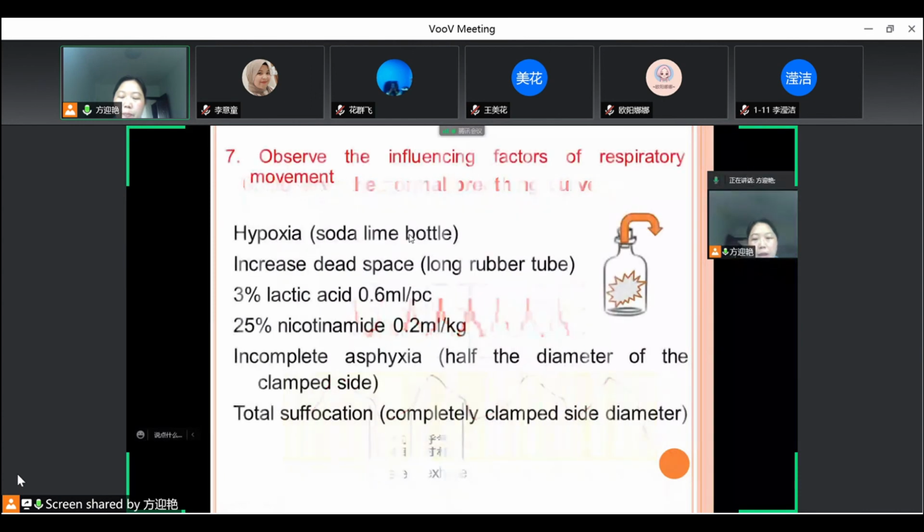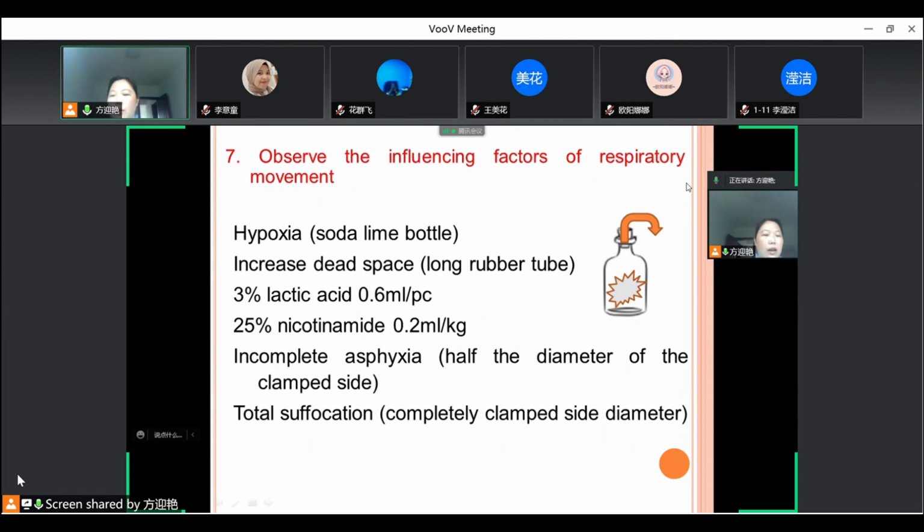Then we should observe the influencing factors of the respiratory movement. First, hypoxia. We use this soda lime bottle. Soda lime can absorb the carbon dioxide.